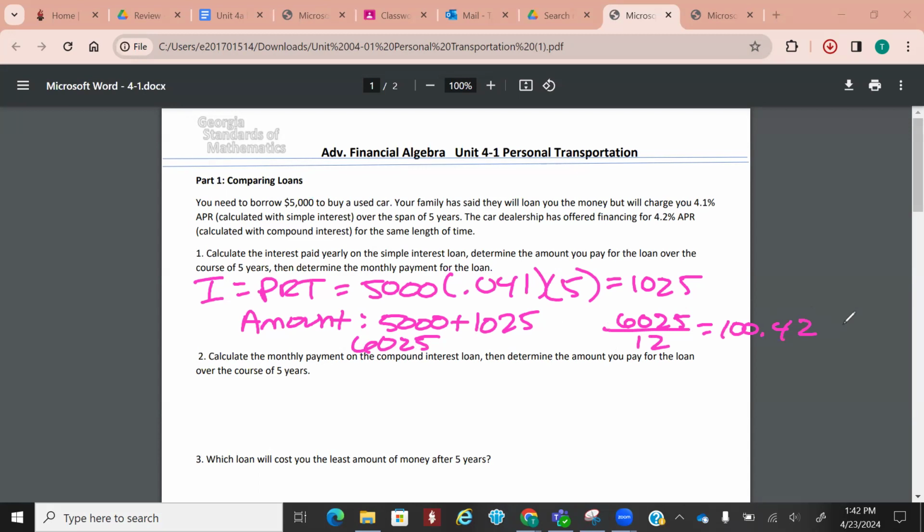Okay. The next one, calculate the monthly payment on the compound interest loan. Then determine the amount you pay for the loan over the course of 5 years.